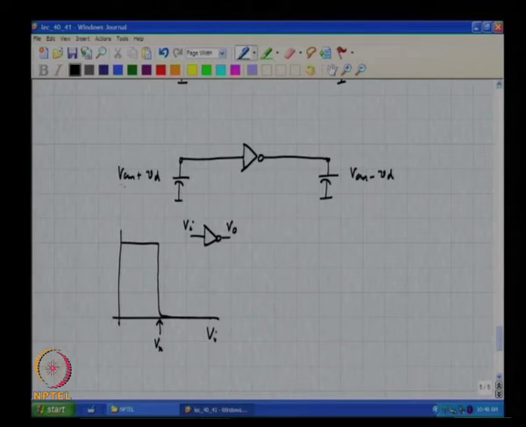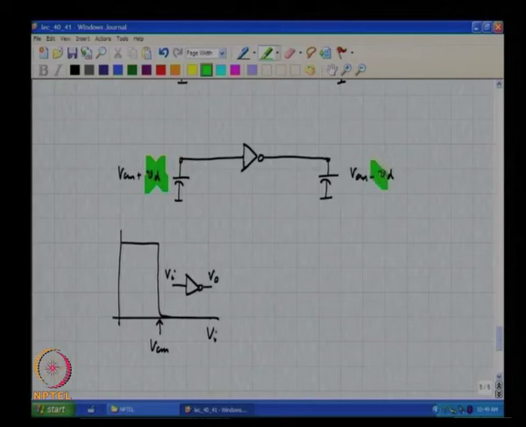So, if this VCM is chosen to be the trip point of this inverter, right, then if Vd is 0, in other words, for the inverter, if we chose this to be the VCM, then if Vd was 0, what would this current be?